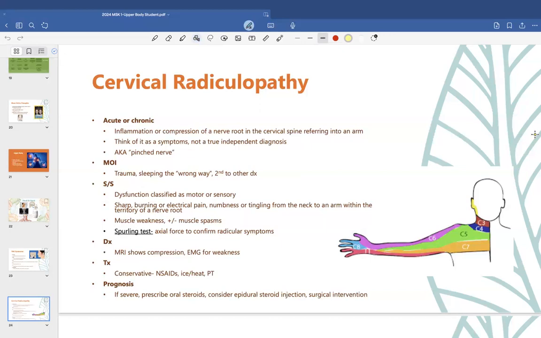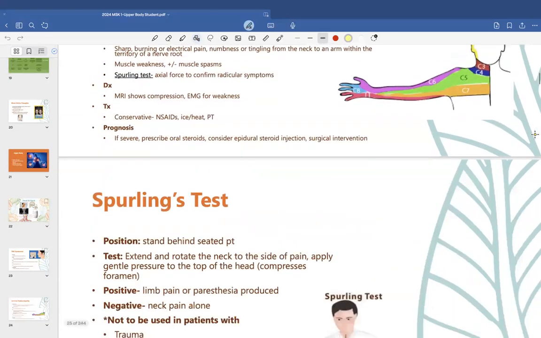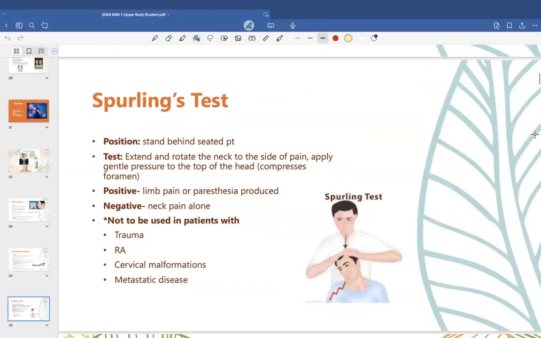So as far as the special test, here's your Spurling's test. This is super miserable to do on someone with acute symptoms, but you'd stand behind your patient. You would extend, and then rotate the neck to the side of the pain.